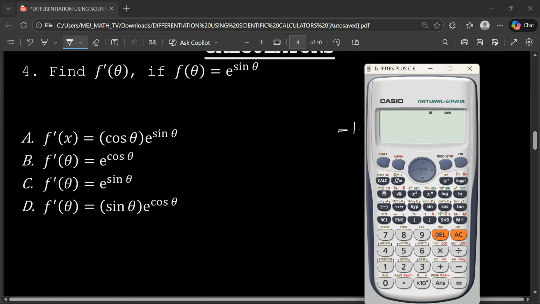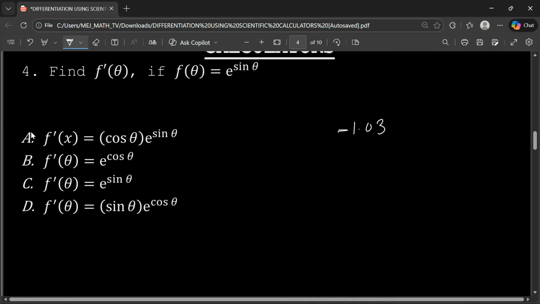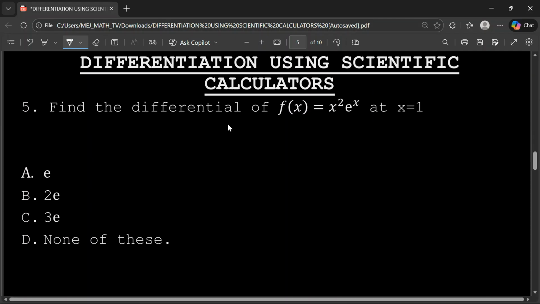Testing option A, we are going to have cos alpha x, then we close it, times e to the power sine alpha x, and the answer is negative 1.03. So option A is the correct answer.